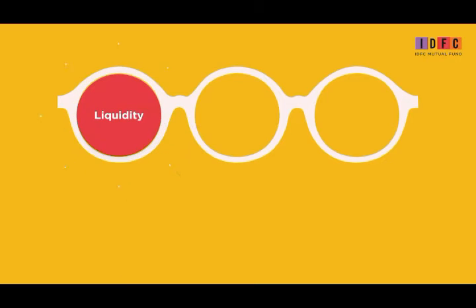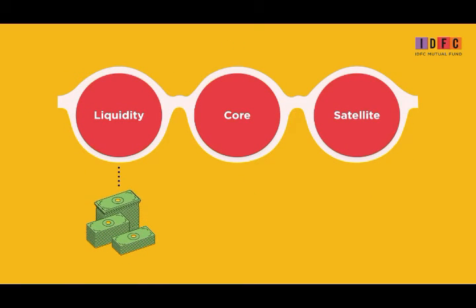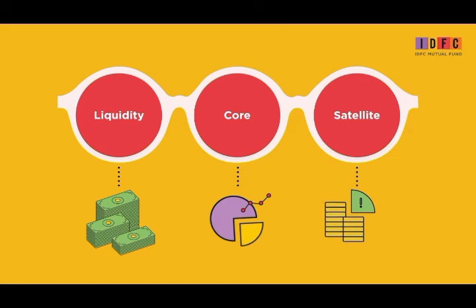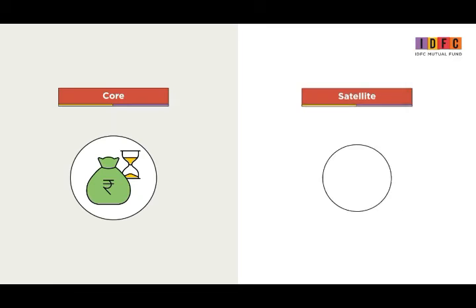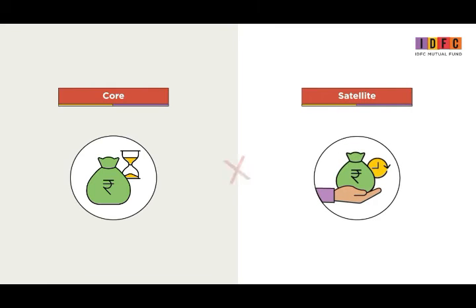So how should one allocate between these three buckets? As a first step, investors are advised to keep aside money for their emergency needs in the liquidity category funds. They may then look to build their core category portion with the highest allocation. Investors with higher risk appetite may allocate some portion to the satellite bucket. But remember, treat core and satellite funds separately, as interchanging them can be detrimental to your portfolio.